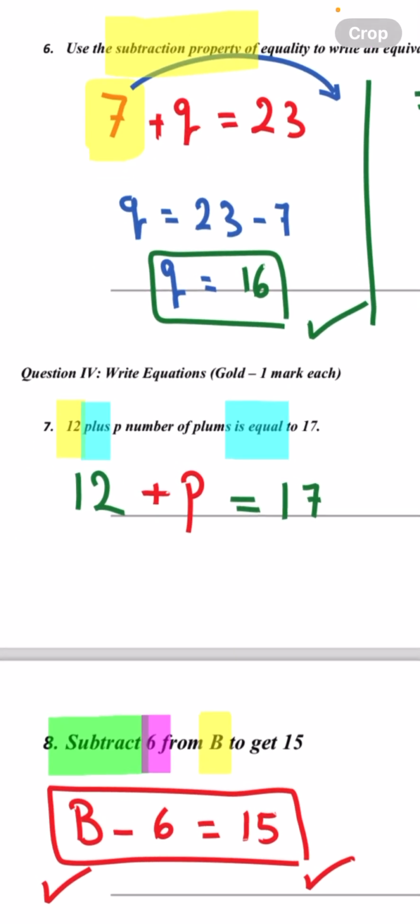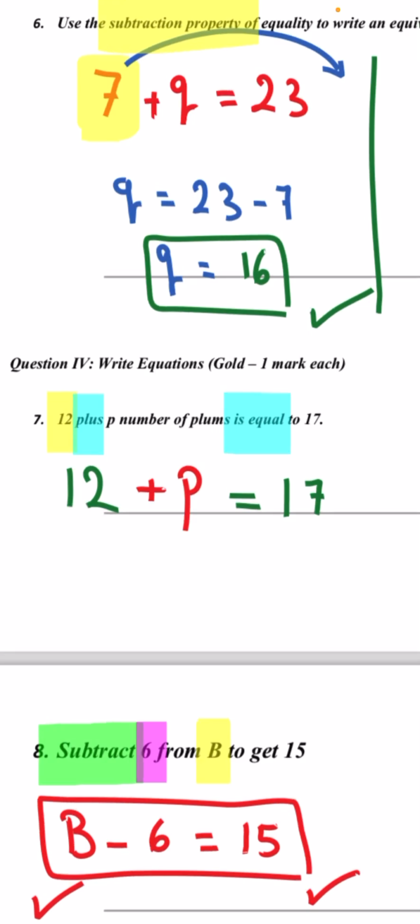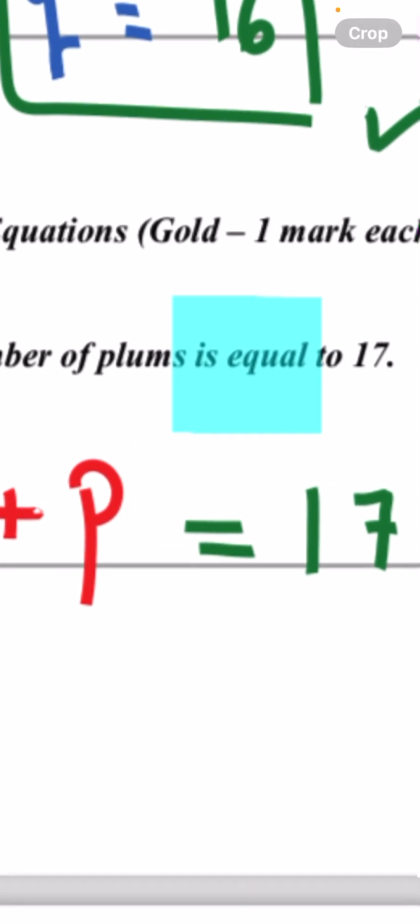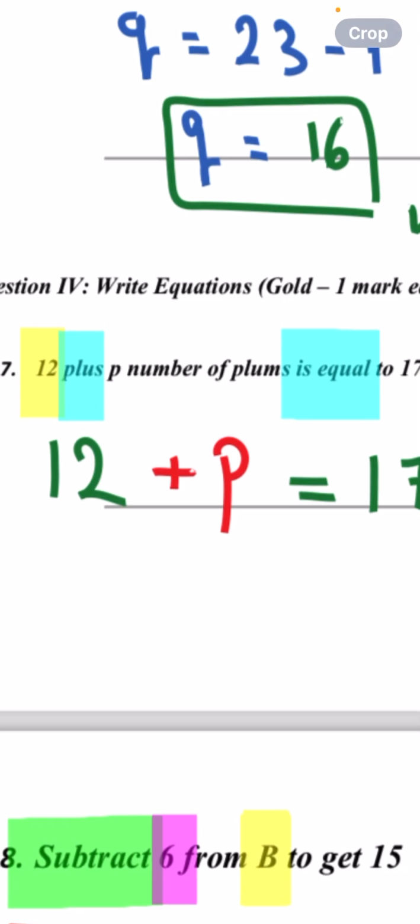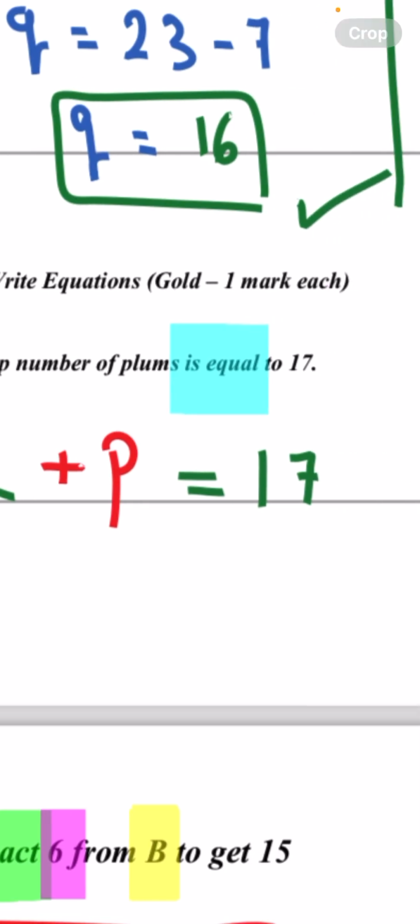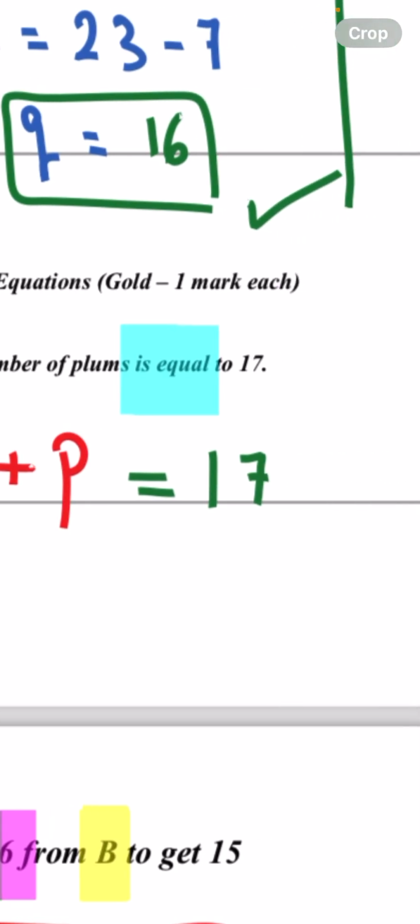Now the last question, question number 7: write an equation. 12 plus p, the number of plums, is equal to 17. Focus on the equal sign, "is" means equals. So on the first side we write 12 plus p, equals, and on the other side we have 17.